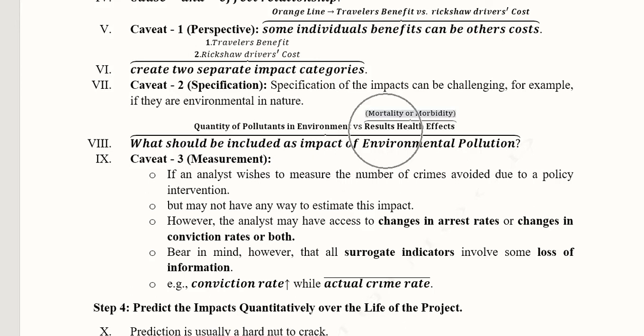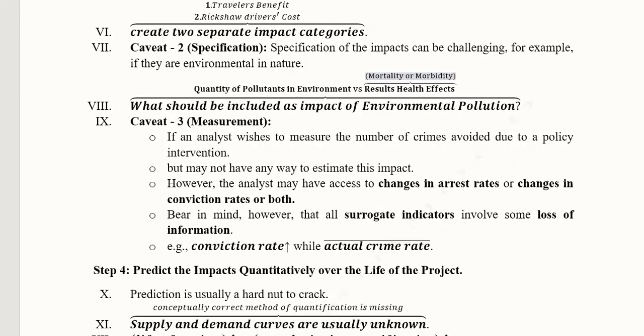So there are two possibilities here at least, and then in terms of their mortality or morbidity comes the choice of the resultant health effects. So this is another challenge that we face when it comes to cataloging and selecting the measurement indicators of the impacts.